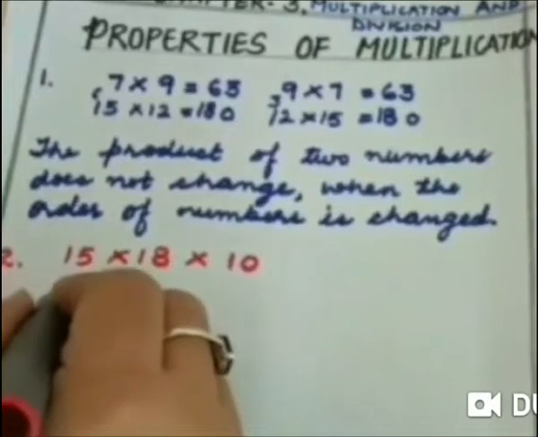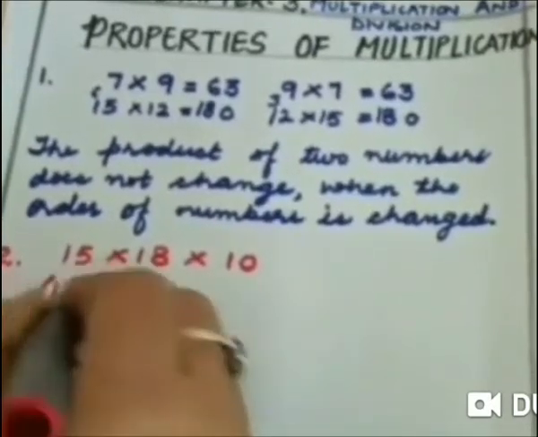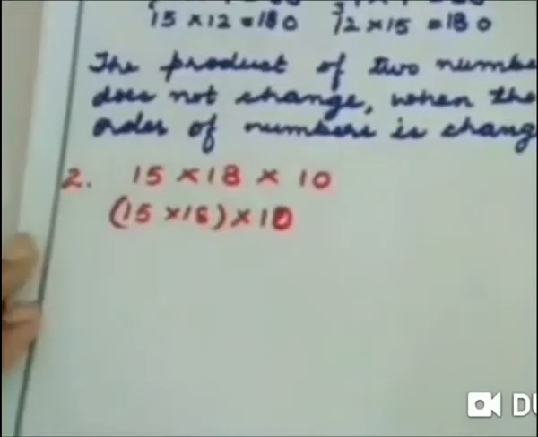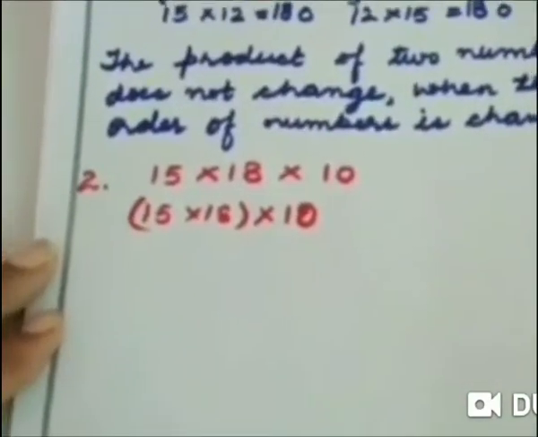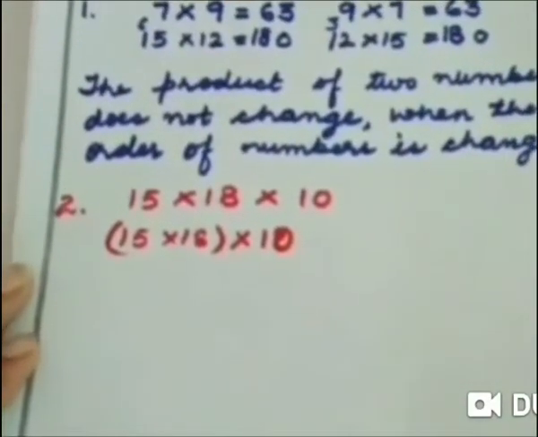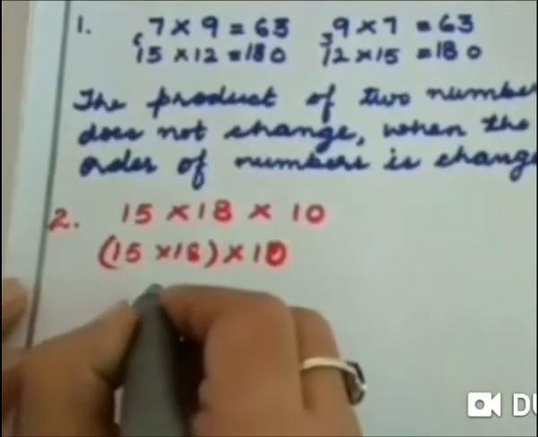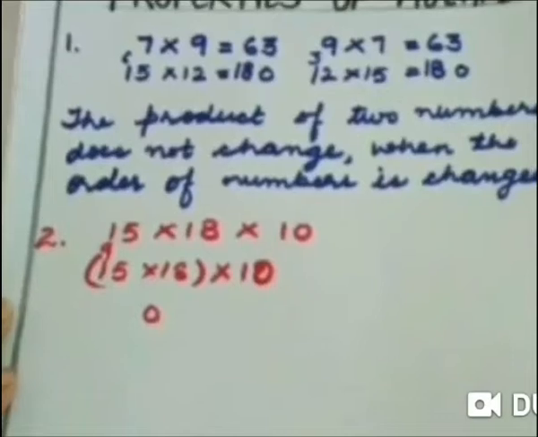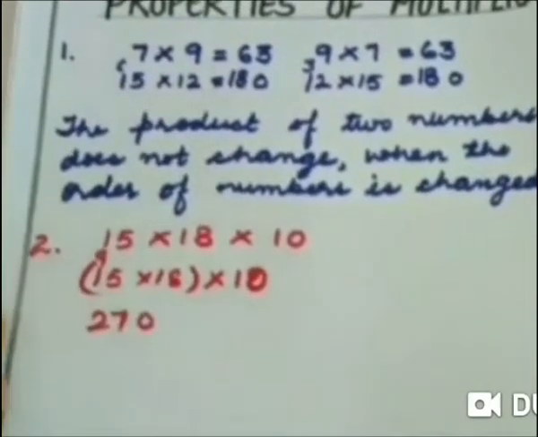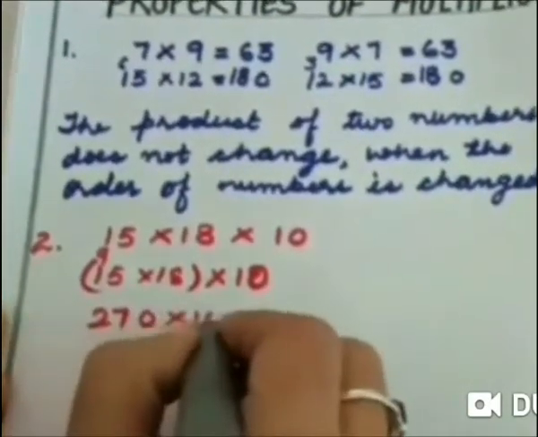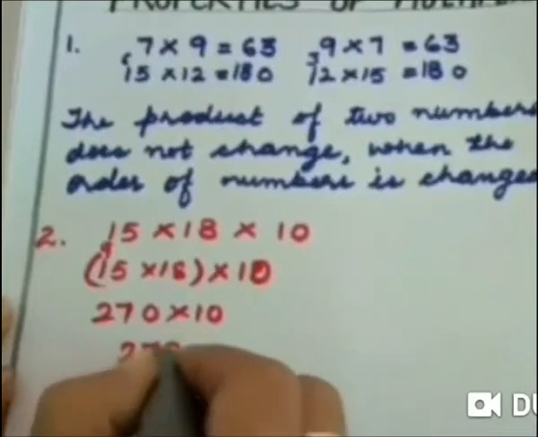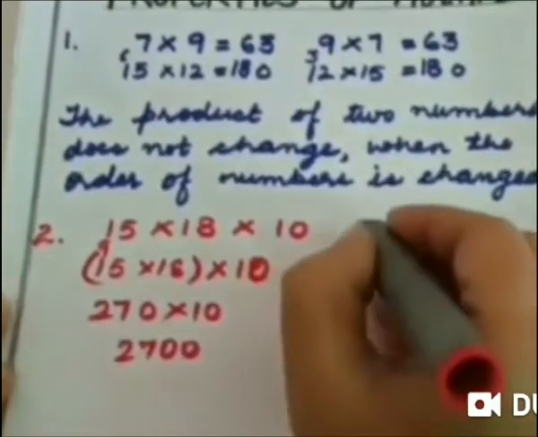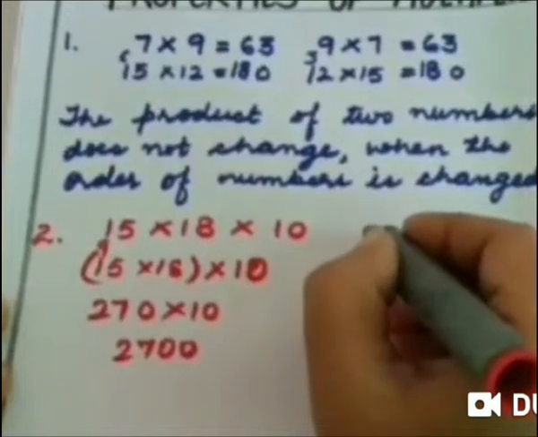So let me first take 15 and 18 as a group, and the product of these 2 numbers will be multiplied by 10. Now what will be the product if I multiply 15 by 18? Now 18 5s are 90, 0 here, 9 carry, 18 1s are 18, 18 and 9 is 27. It is 270. Now 270 multiplied by 10 will give you 2700.